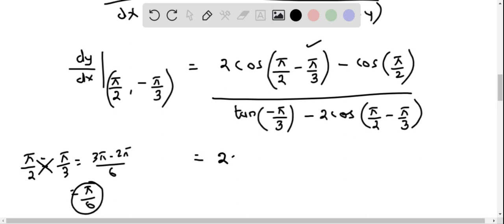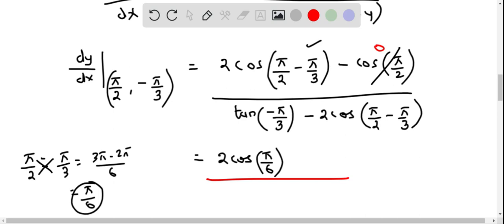Therefore, this becomes 2 cosine of pi by 6 minus cosine of pi by 2, and this is 0. Put 0 here, so I can just cancel it. So I do not have to put anything here. So it is divided by tangent of negative pi by 3, which equals negative of tangent pi by 3.